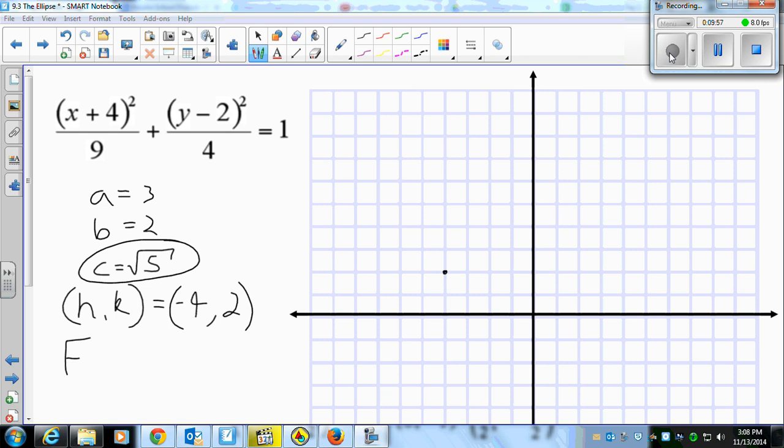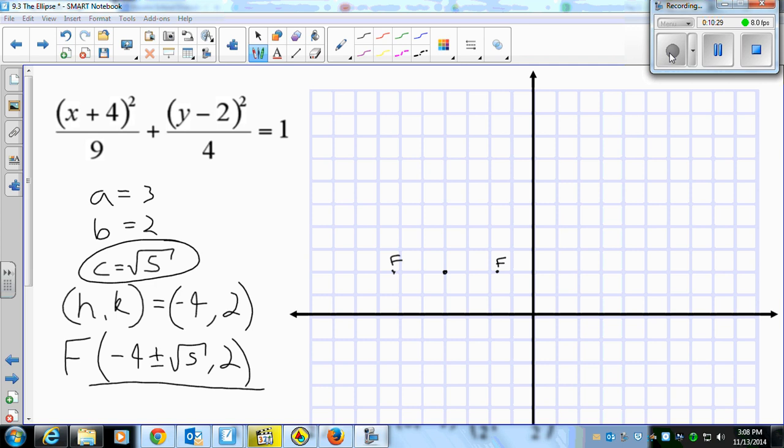So then my foci are going to be -4 plus and minus the square root of 5, comma 2. And I'm fine if you just write the two points in this way, just knowing that square root of 5 is going to be 2 point something. So we're going to be a little bit out here. So for my focus 1, I'm 2 and a little bit away, and I'm 2 and a little bit away. So there are my two foci.